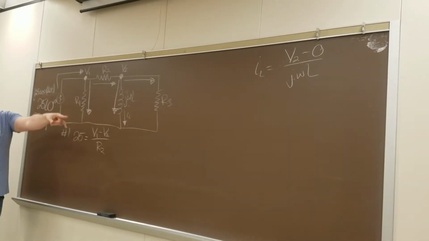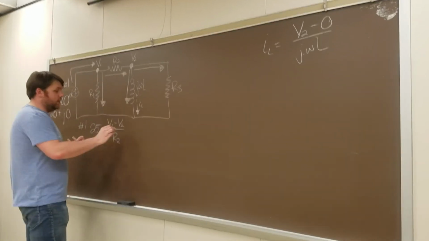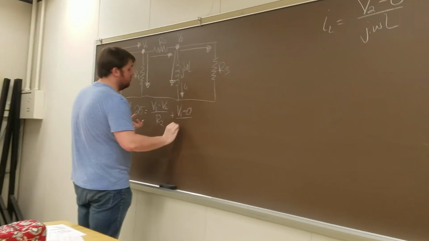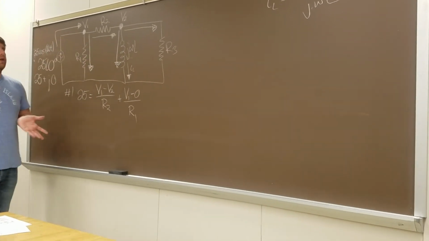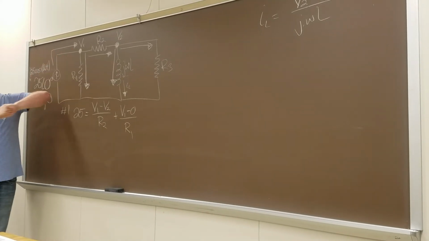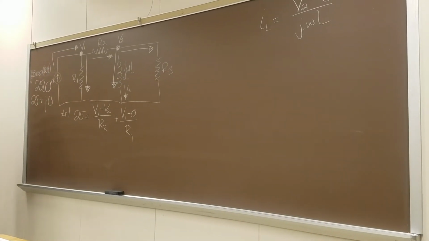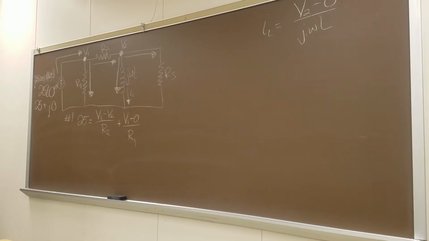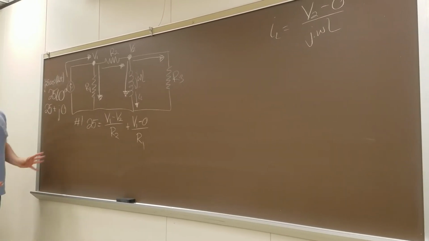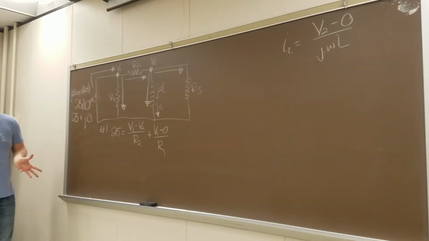That's the direction the current's flowing because of the way we've defined it, plus V1 minus 0 over R1. Okay? Those are the only two currents that are leaving V1. We only care about the paths out of the node. Okay? We're looking at admittance paths. It is an admittance path away from the node.